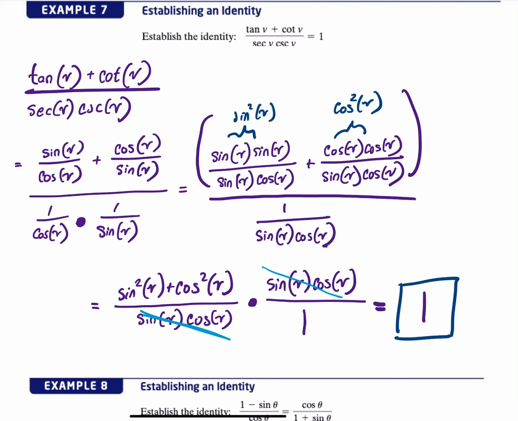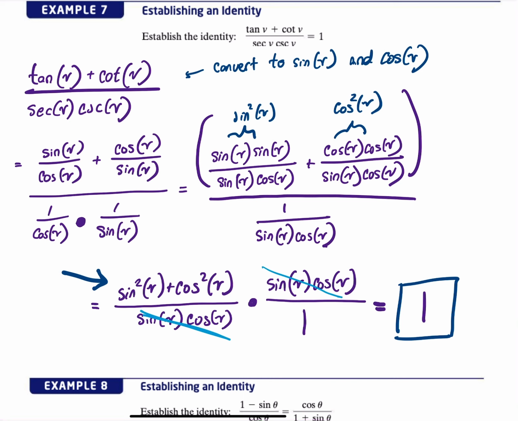So we did a few things here. Our first step, we just converted to sines and cosines. Then we had to deal with all these messy double fractions. So we combined fractions in the numerator that ultimately led us here.